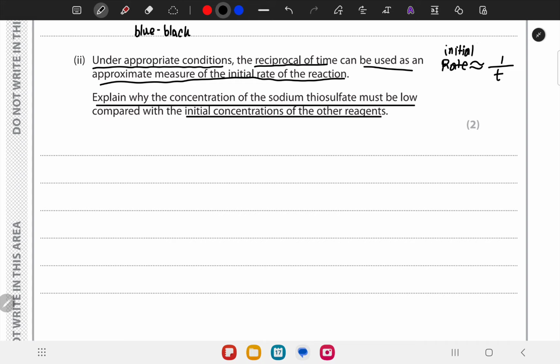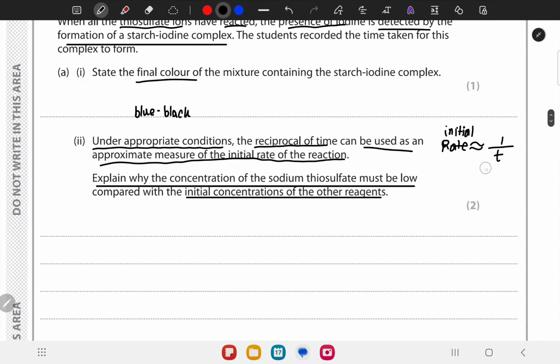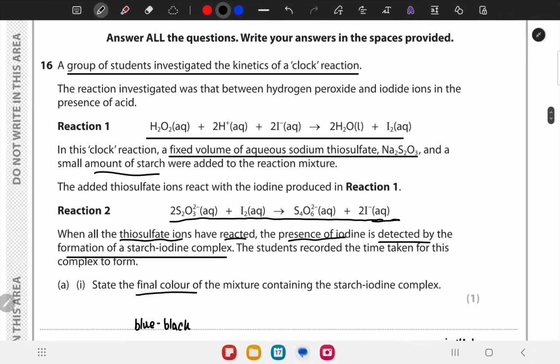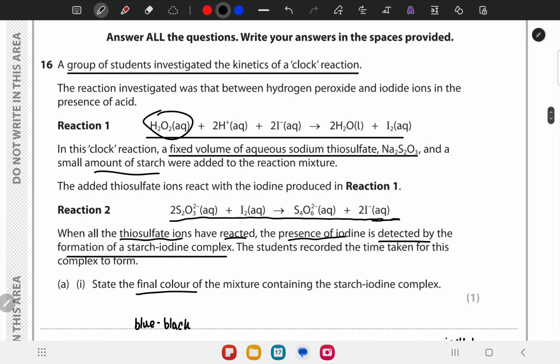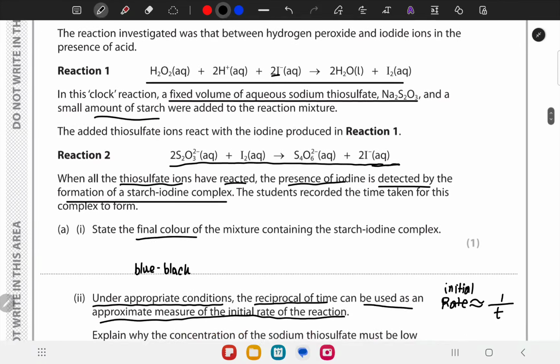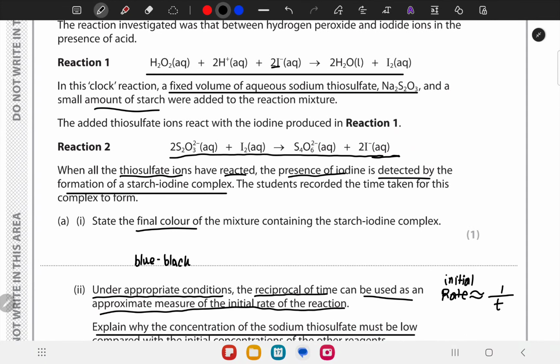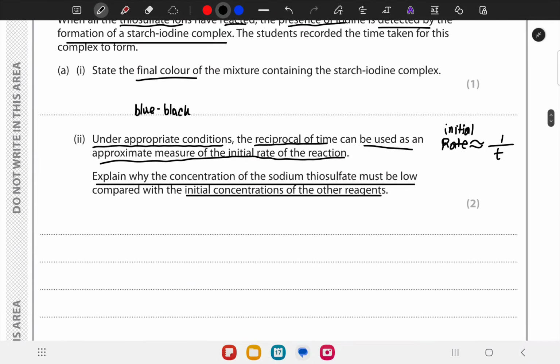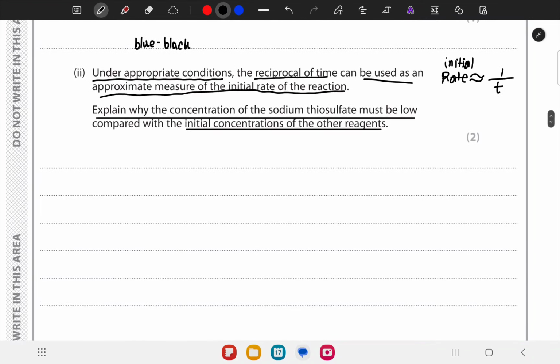So all of the sodium thiosulfate must be used up in a small time, because if the time is bigger, the concentration of other stuff, so the concentration of H2O2, H plus and I minus, will change. I2 won't change, so the concentration of H2O2 and H plus will change significantly if the amount of sodium thiosulfate used is large.